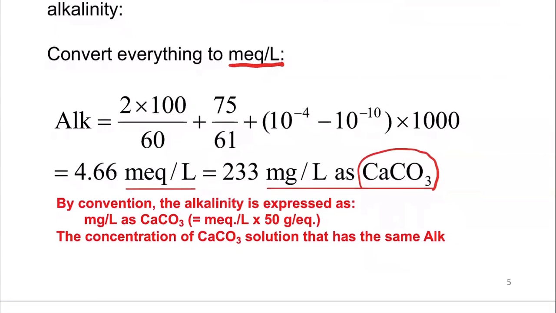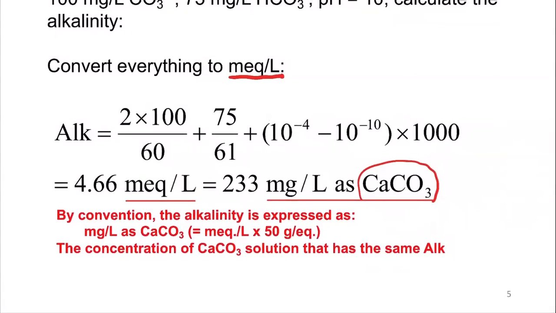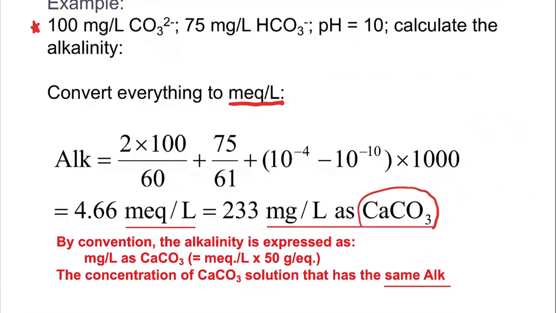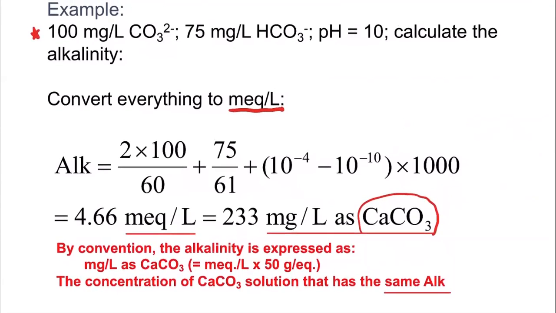So for this conversion, we want to find out what is the mass concentration of a solution containing calcium carbonate that has the same alkalinity as the solution we're looking at, okay? It turns out that to do this calculation, you just multiply this value by 50.